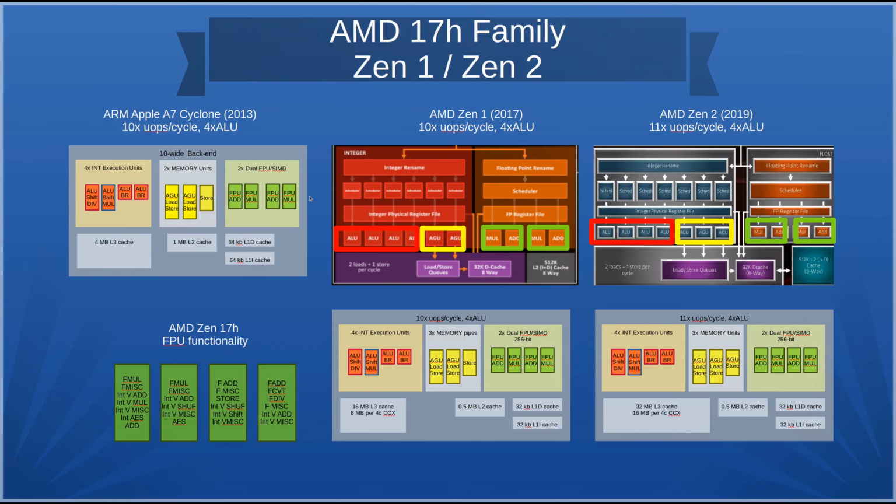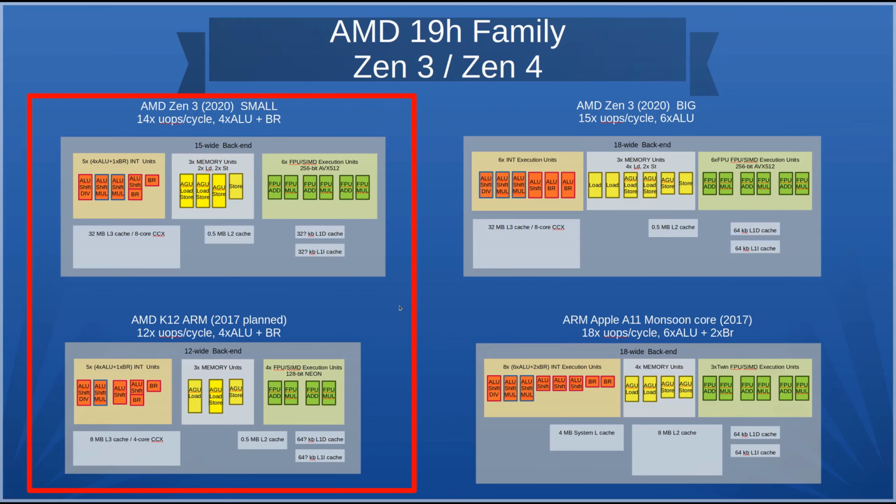So the floating point units are pretty simple, what we can expect from Zen 3. Zen 3 is going to be the beast, but the bigger question is the integer actually. So when we look here at the Zen 3 prediction, there are several possibilities actually. There is a small estimation, like a smaller core, and a bigger core.